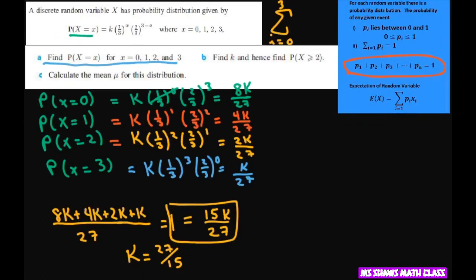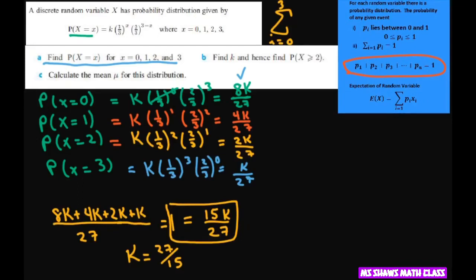And last but not least, we need to plug in our k into these values here so we get the actual number. So we plug in our k, 27 divided by 15. What's going to happen on all these is the 27s are going to keep canceling out. So basically, it's really easy to do.